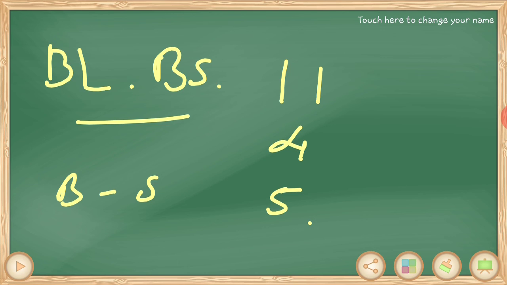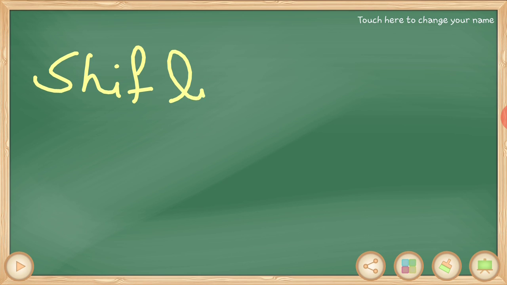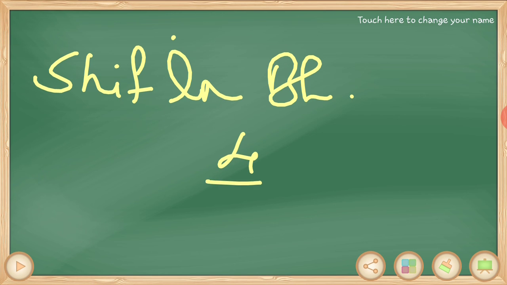Dear students, the properties of budget line are for 2 marks. Another very important topic is shift in budget line, which is also for 4 marks. These are all the very interesting points which we covered in the cardinal analysis.